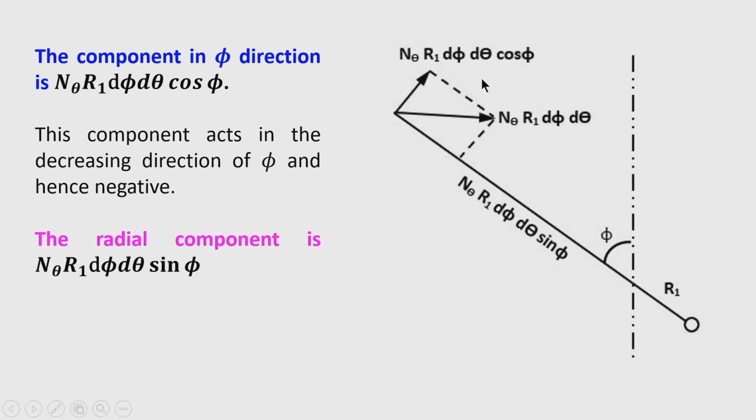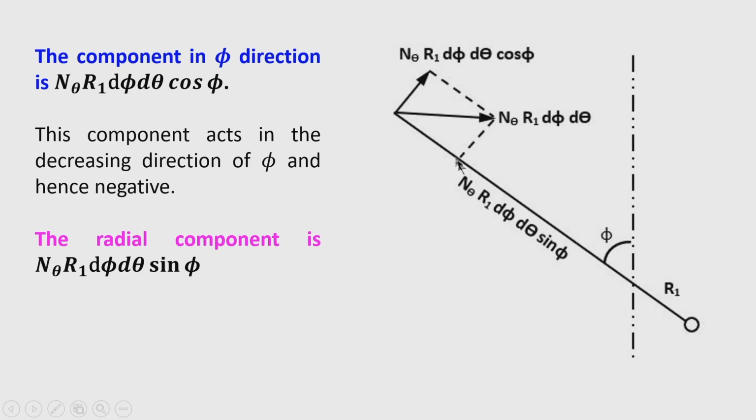Similarly, its component along the radial direction, that is the normal direction along the principal radius, will be n theta r 1 d phi d theta sin phi.